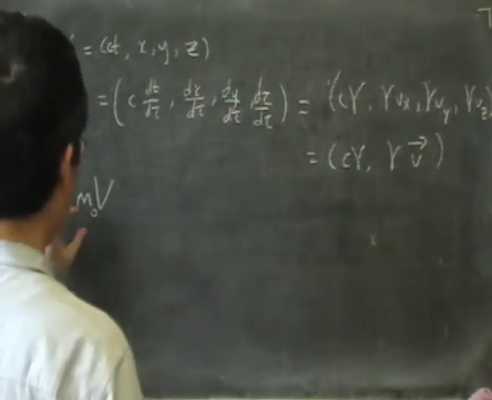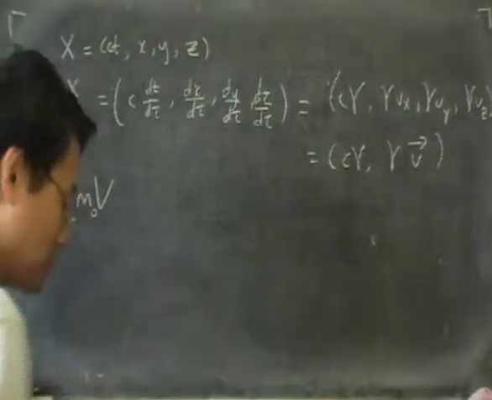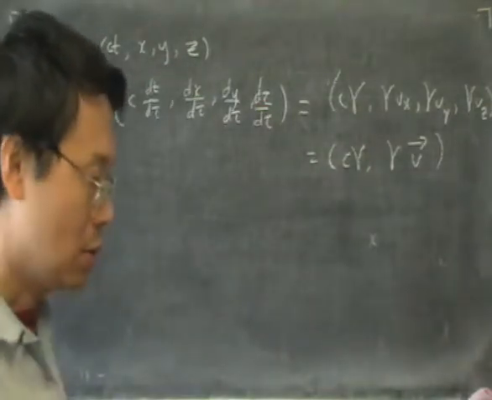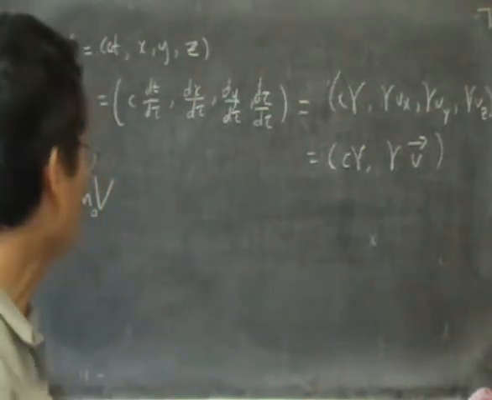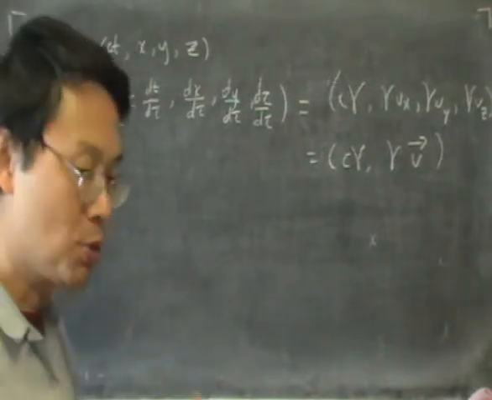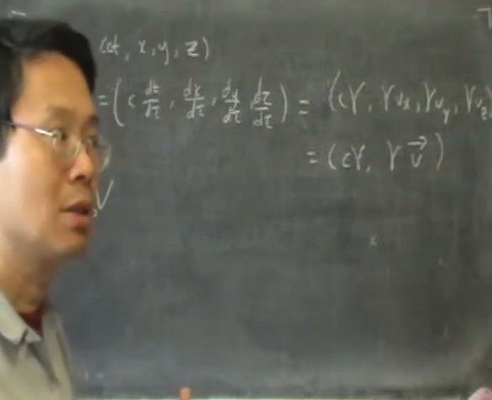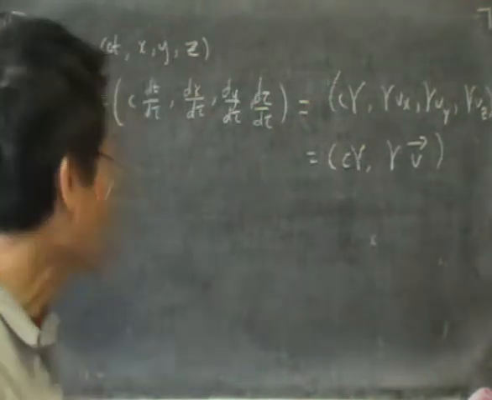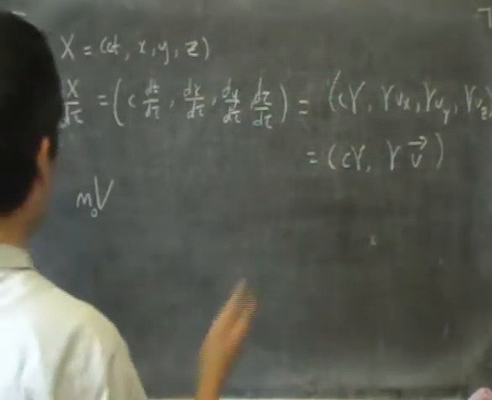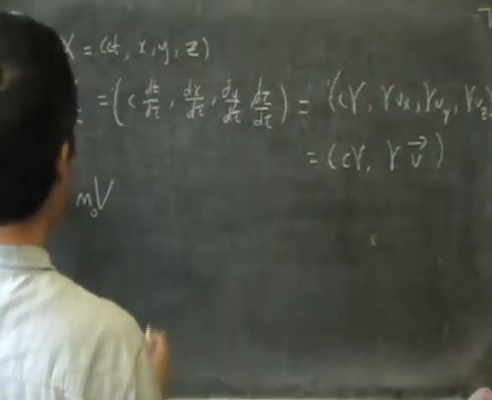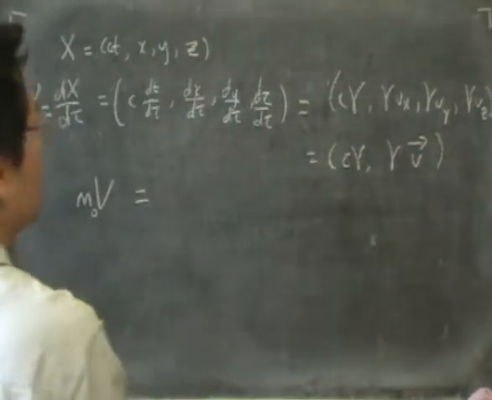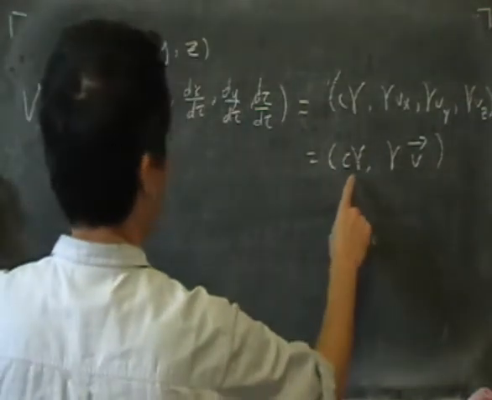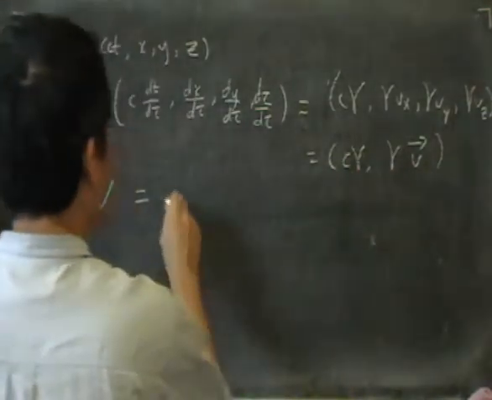So if I multiply this by the rest mass, which is also a constant, it doesn't change with Lorentz transformation, because like proper time, it always refers to the mass in the rest frame of the body itself. So it's the same thing wherever we are, in whichever frame it is. Now if we multiply this by m naught, we would be multiplying each of the terms there by m naught.